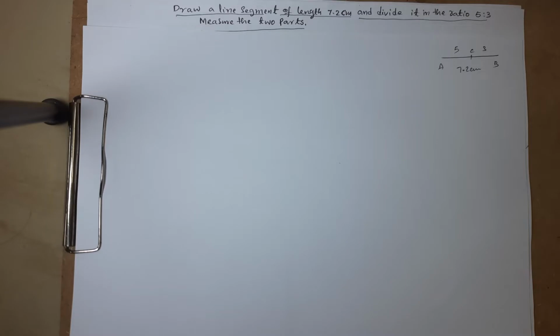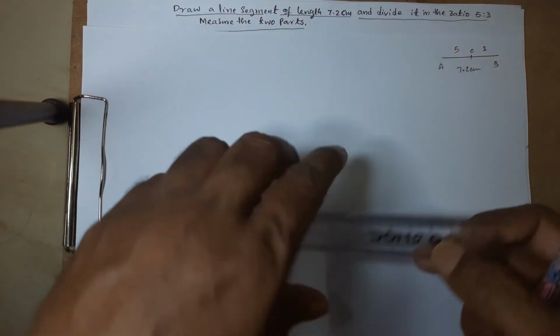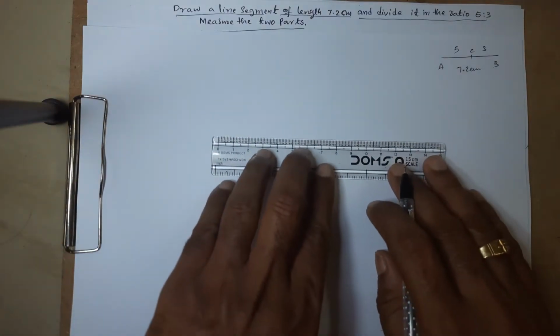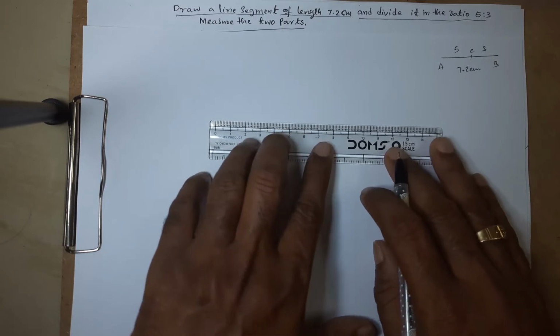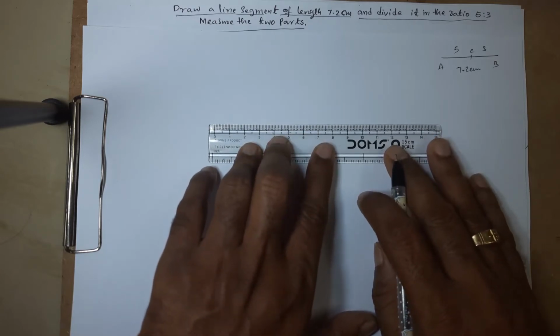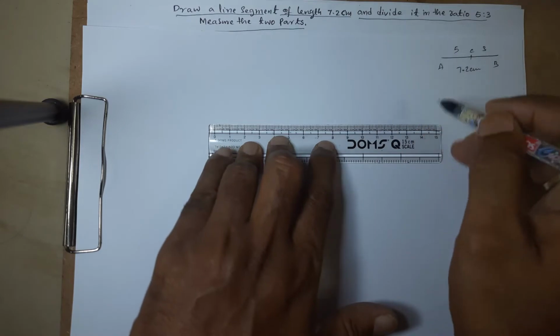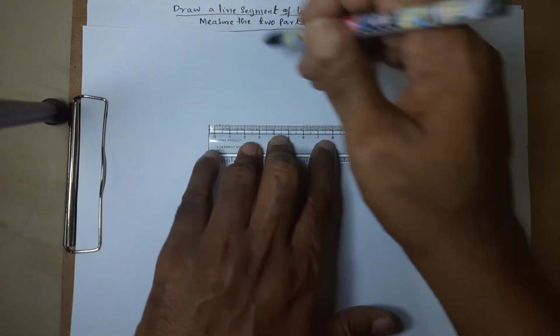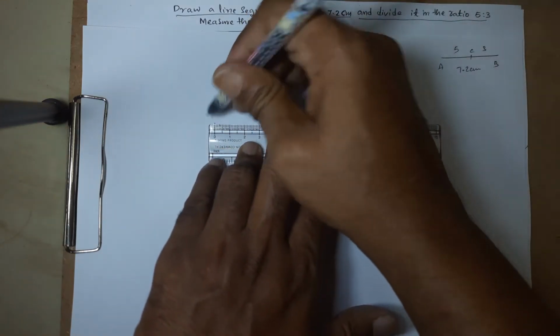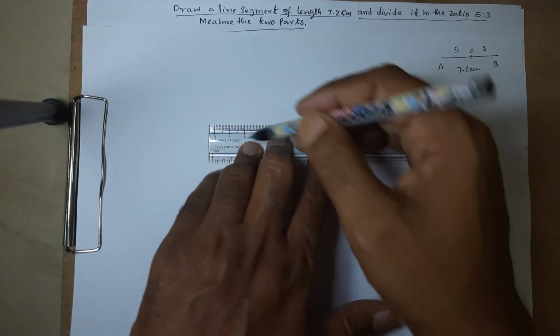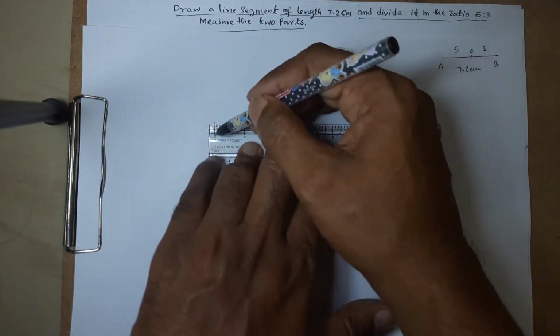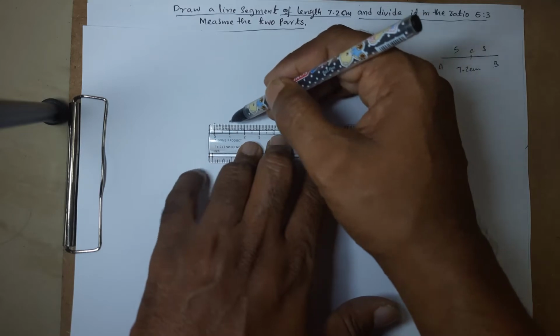Here in this construction, first we have to draw a line segment. First, draw a line segment with 7.2 centimeters. When you draw a line segment, you have to start from 0 on the scale, not from 1.